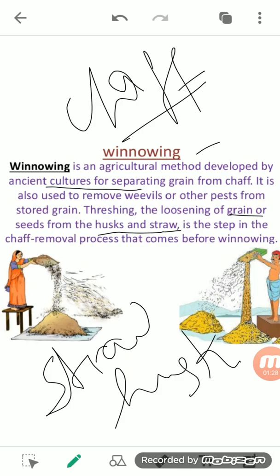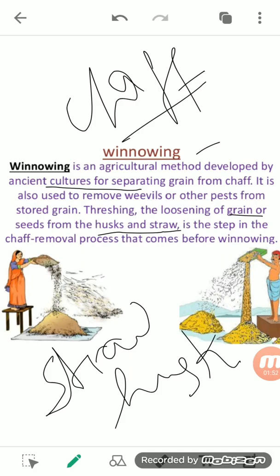So what happens when they do that? The grain, being heavier, falls under the winnow, and the chaff, being lighter, is blown a little away by the wind. By this method we can separate the chaff, which is used as fodder for cattle, and the grain.